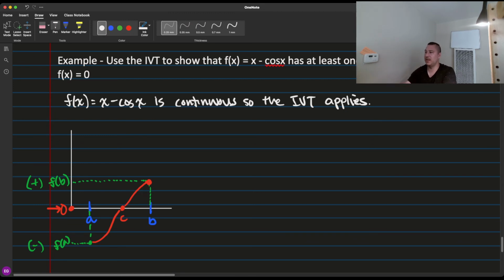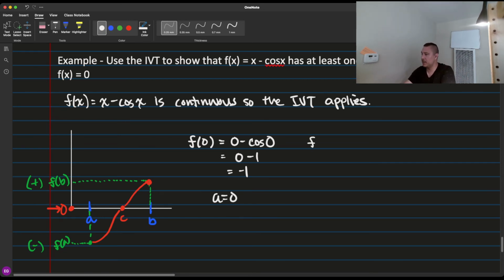So let's see if we can find a value for a. Let's plug 0 into our function. If you plug 0 into the function, you get 0 minus the cosine of 0, which is 0 minus 1, which is negative 1. And you're like, oh, okay, cool. My a is going to be 0. And let's plug in another value.